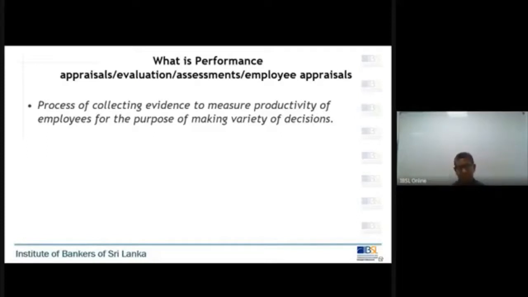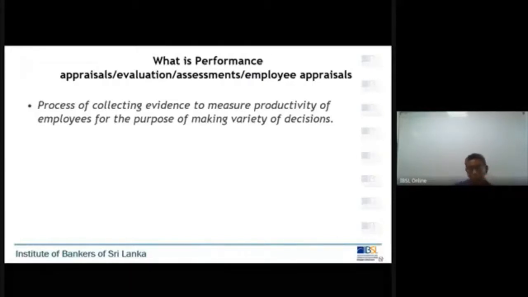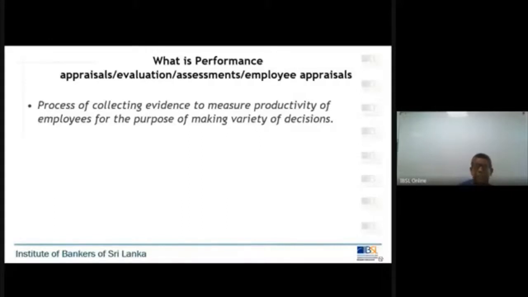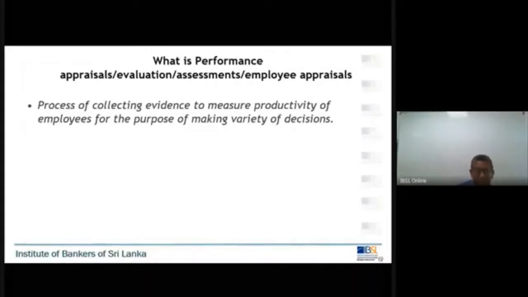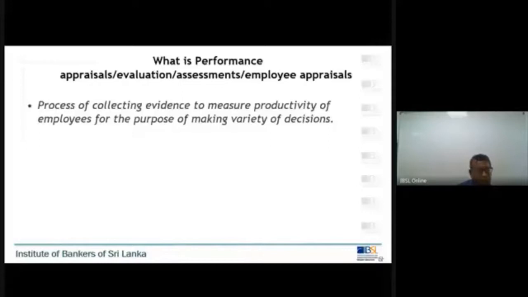You may have gone through an evaluation of your performance. So the management can take many HR decisions. What decisions can the management take after evaluating your performance, right?